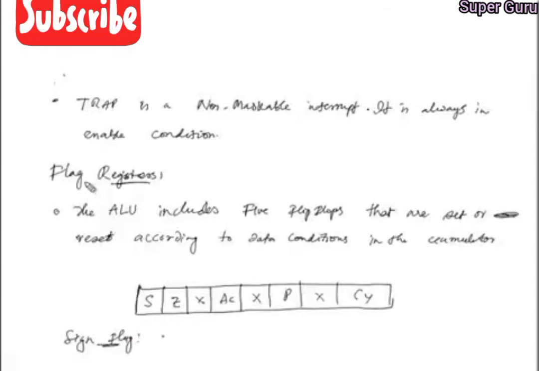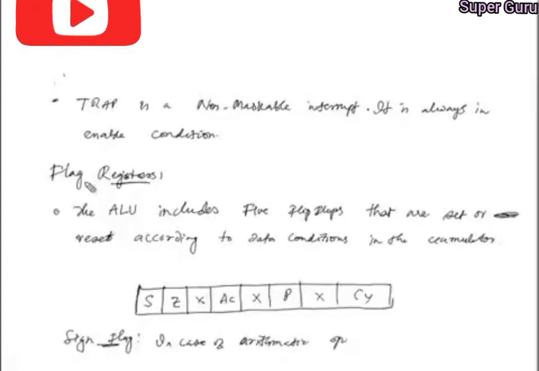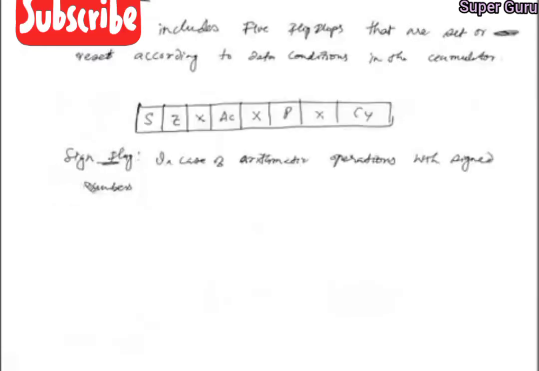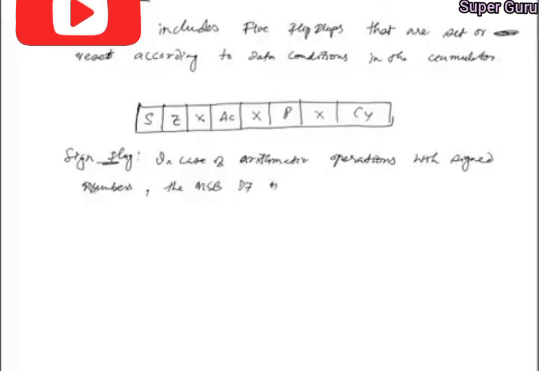So we will write: in case of arithmetic operations with signed numbers, the MSB, D7, is reserved to indicate sign information.